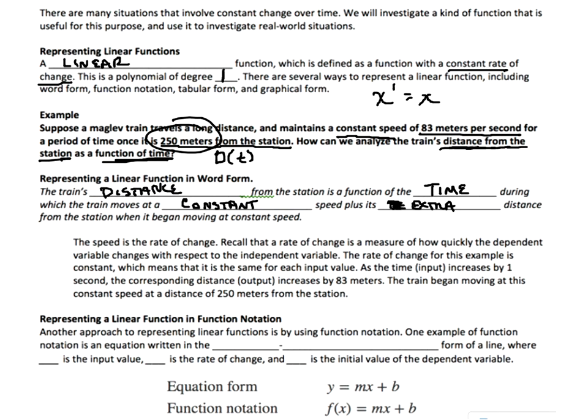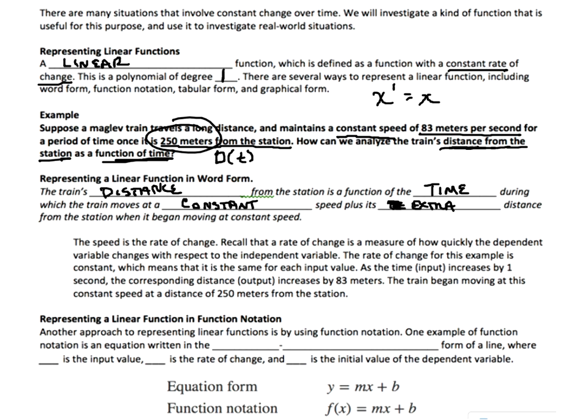In other words, 10 seconds down the way, I'm still going to be traveling at 83 meters per second. 10 minutes down the tracks, I'll still be traveling at 83 meters per second. That is what it means when it says a constant rate of change.